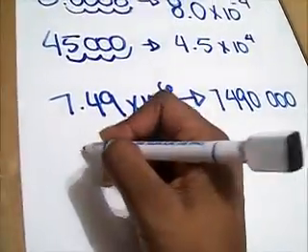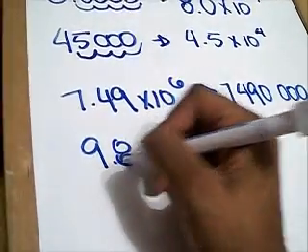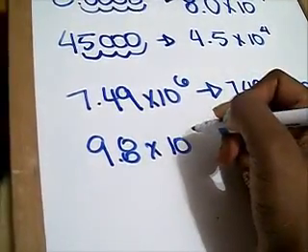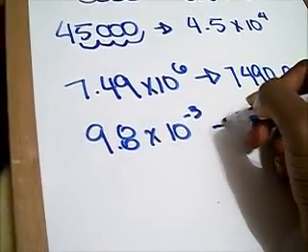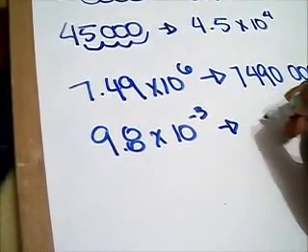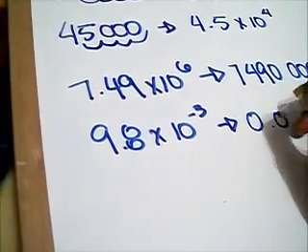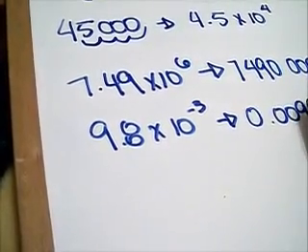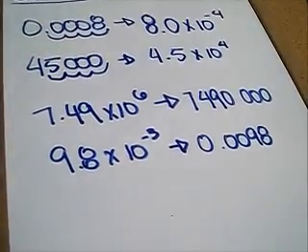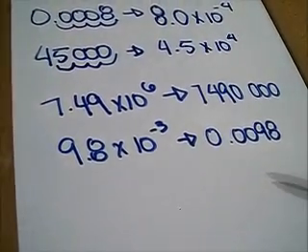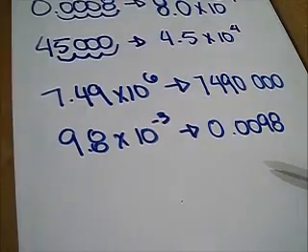With a negative exponent, we have 9.8 times 10 to the power of -3. Standard notation would be 0.0098. And as you can see, both answers have the same amount of significant digits.